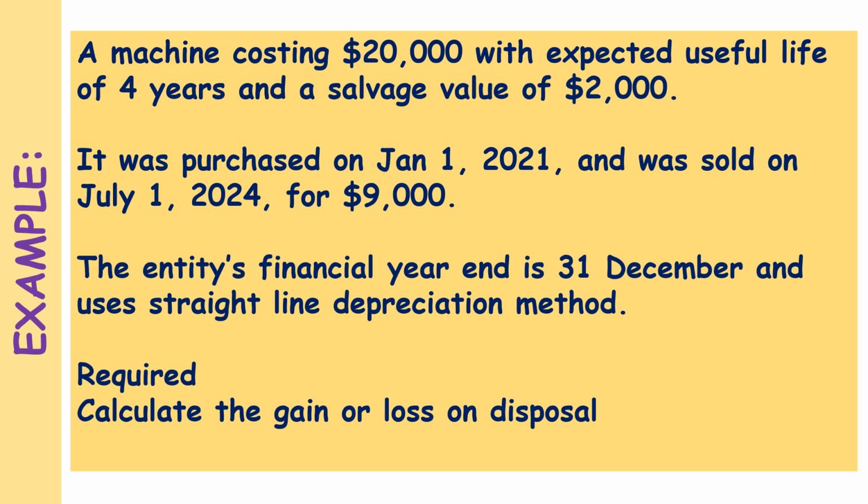If we take 4,500 and multiply that by 2 years and 6 months, that will give us the accumulated depreciation, which we can minus from the cost of 20,000 to give us the net book value. And once we know the net book value, all we need to do is minus that from the cash received, 9,000, to give us either a gain or loss.